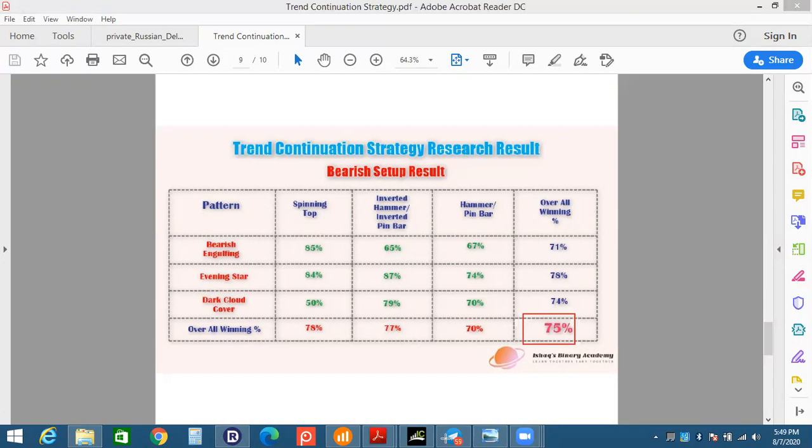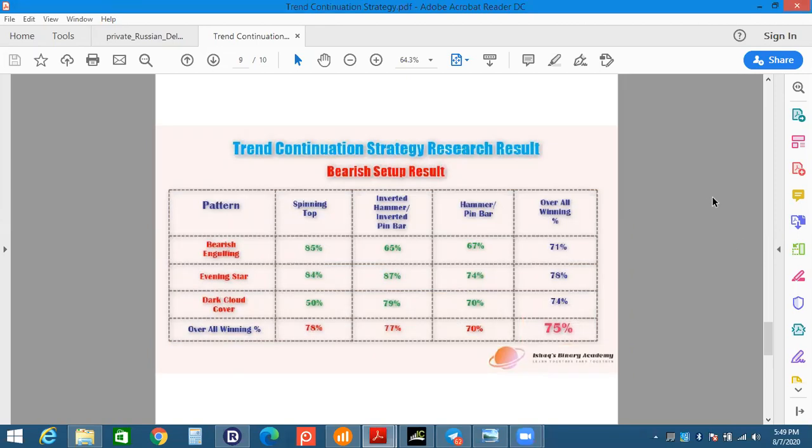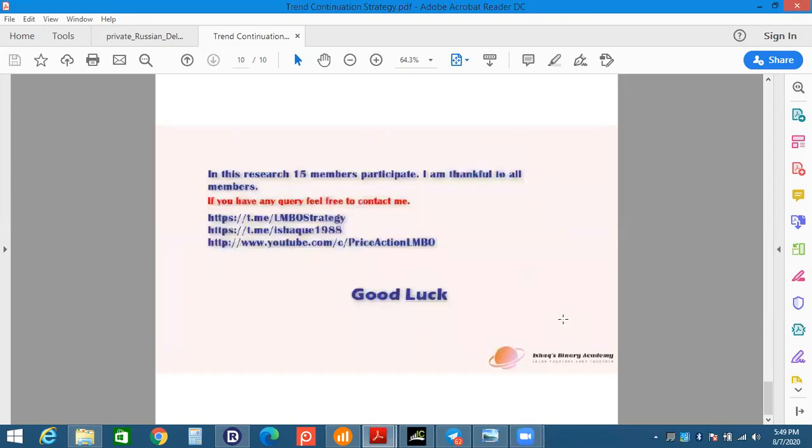And setups are appearing again and again. It's not that you wait for half an hour or 1 hour for setups to appear. Every 5 to 10 minutes you will see a setup. Okay, this is all about this strategy. Now you can ask me questions.